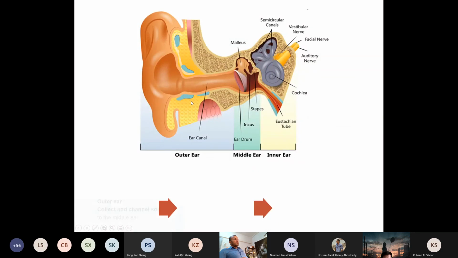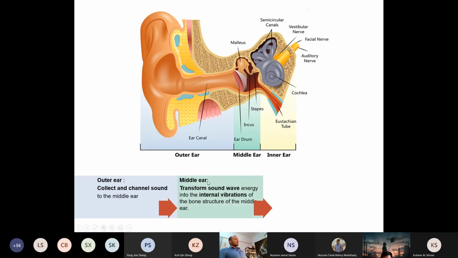Now, like what we did with the eye, since the eye is the gate for light to our body, this is the gate of sound to our body. It has three parts: the outer ear, middle ear, and inner ear. The outer ear is the receiver, so it collects and channels sound to the middle ear.